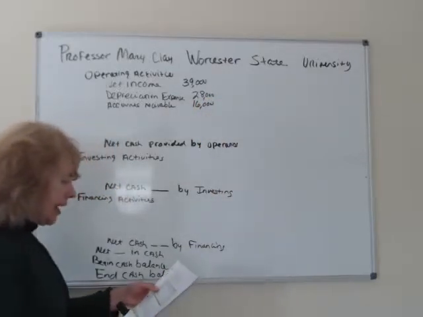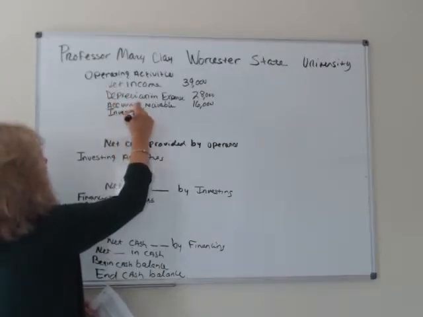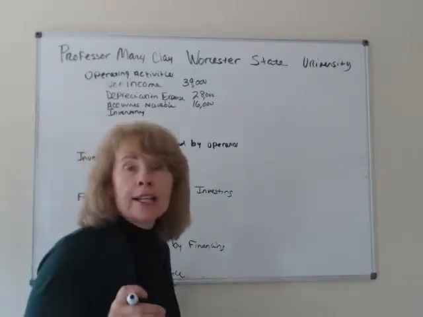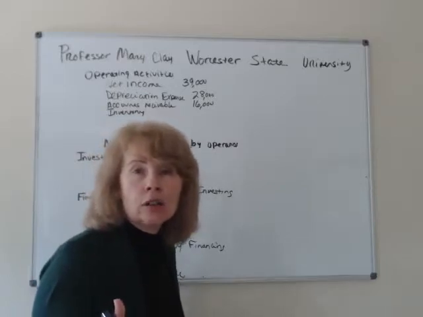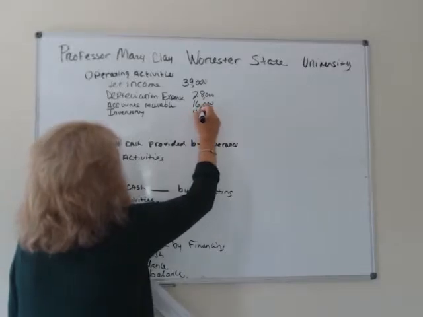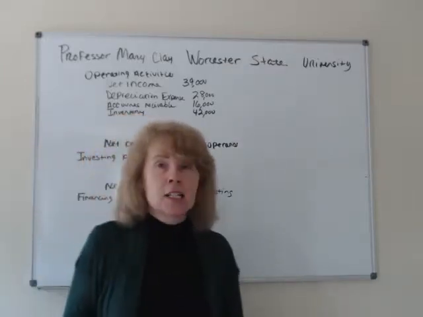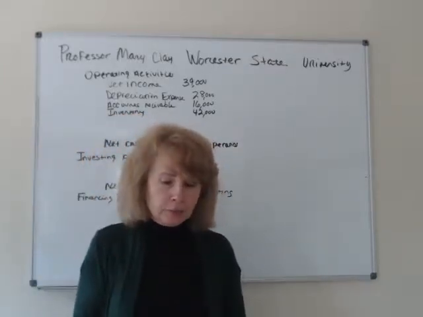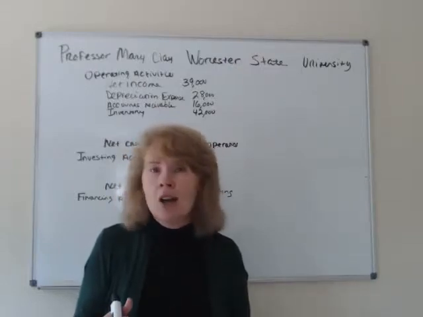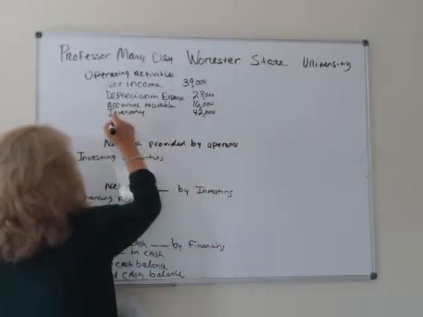Okay, I go to the next account, which is inventory. Okay, inventory, I look, it decreased 42,000. It's not logical, so I'm going to show that positive. So inventory, I show positive. Okay, next I go to prepaid expenses, another current asset. Prepaid expenses increased 200. It's not logical, so I'm going to show that negative.